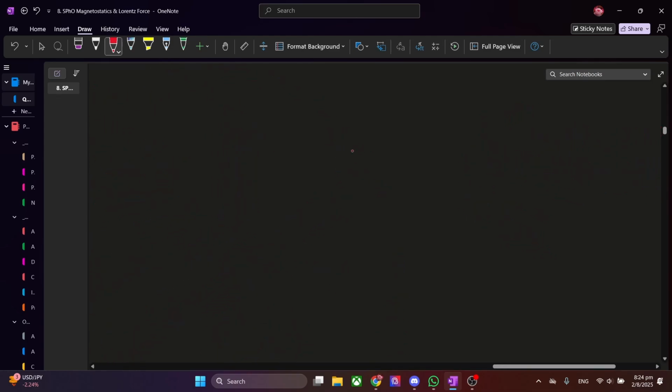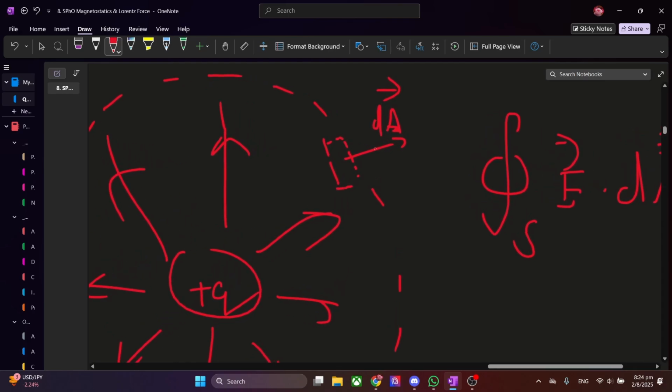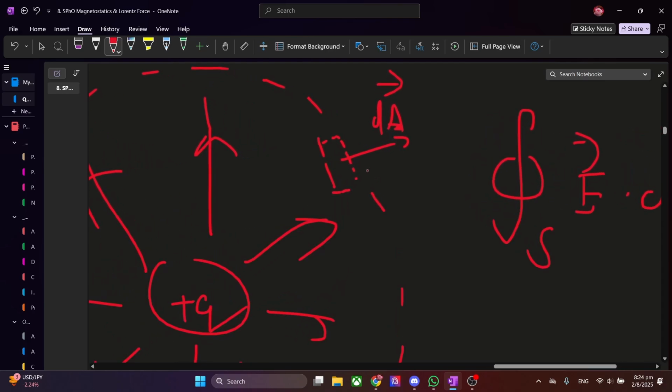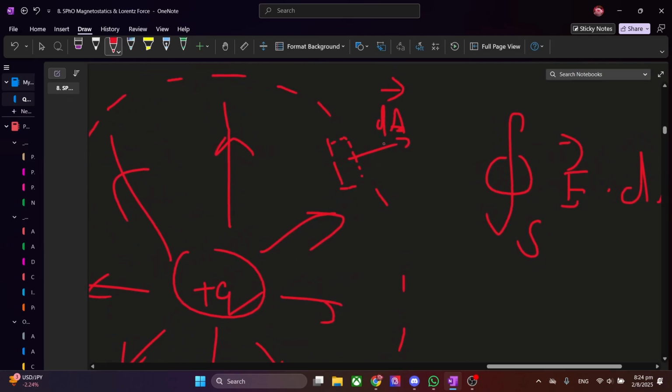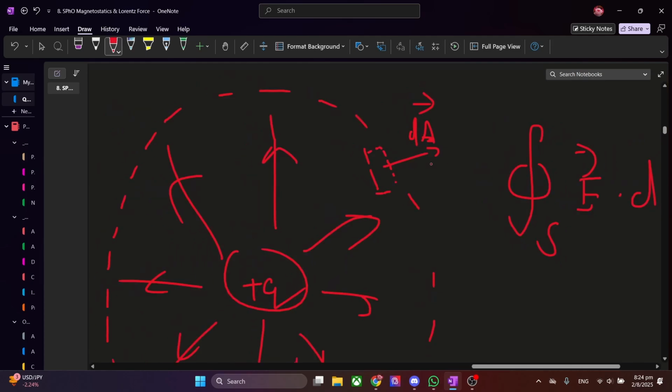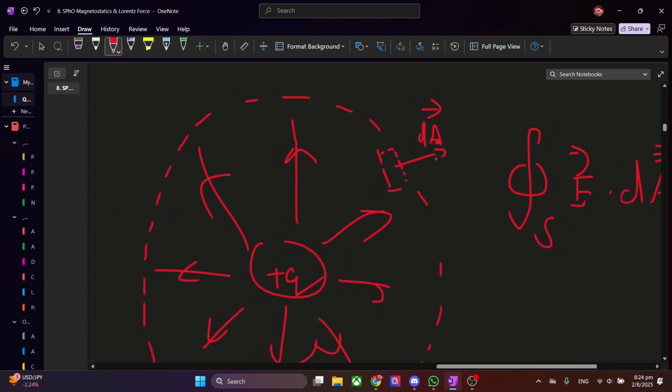This dA is what we call a differential area vector. The area vector corresponding to some small surface is a vector whose magnitude is the area, so this magnitude, dA, would be the actual area of this small part, and its direction is facing out of the surface.